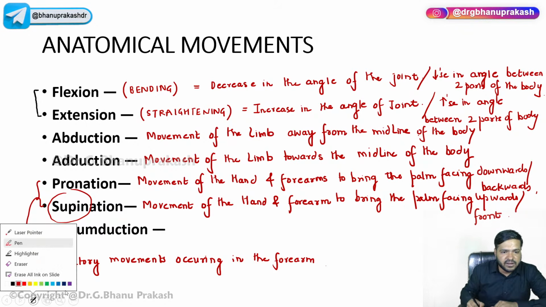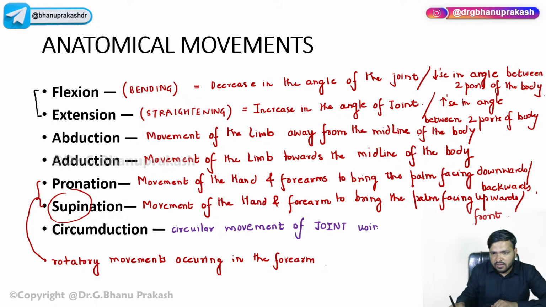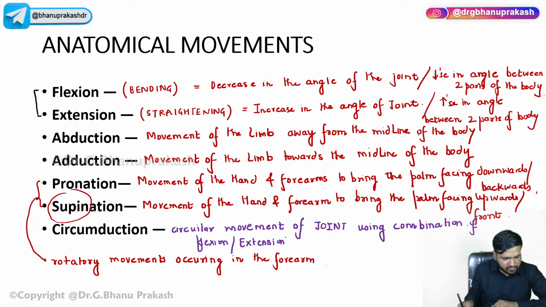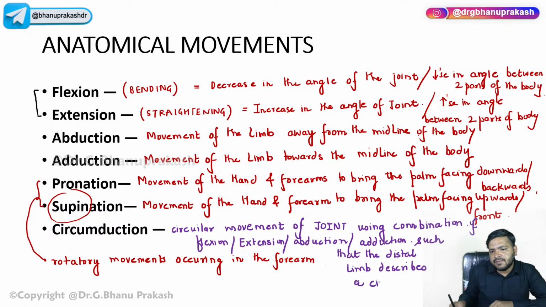Circumduction basically means the circular movement of a joint, using a combination of all the movements that we have discussed, whether it is flexion, extension, abduction, adduction, such that the distal limb describes a circle.